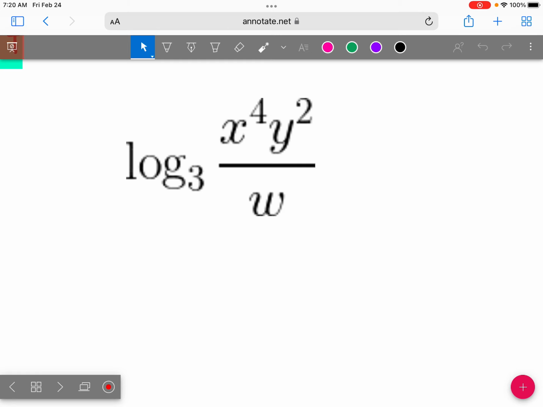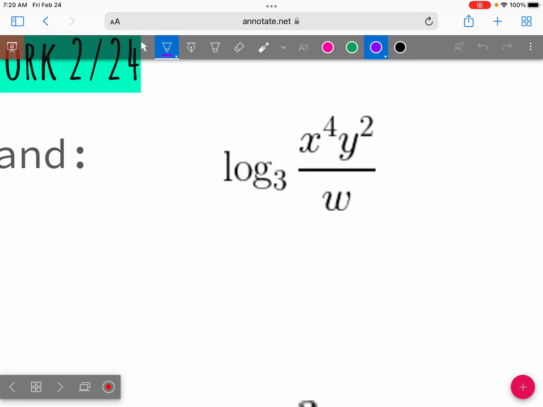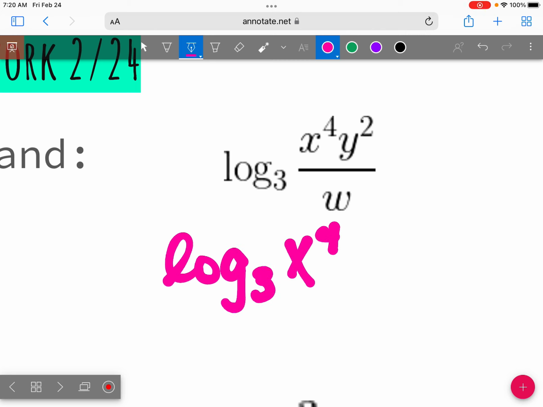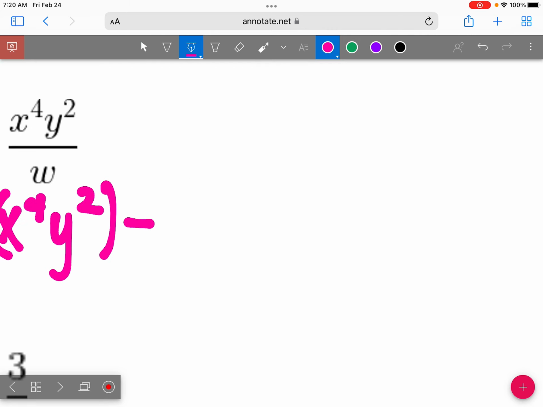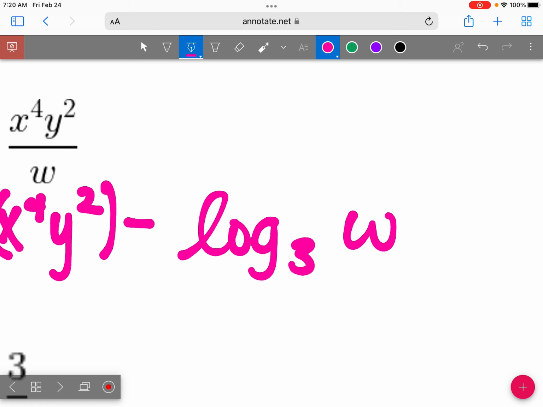Yes, division to subtraction. So we get log base 3 of x to the 4th, y squared. I like to put this in parentheses. Minus what? Of w. Good.